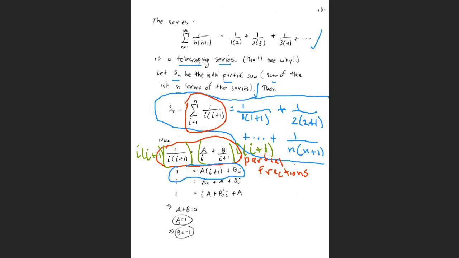And you just continue working through the partial fractions. You've done this process before. And it turns out that 1 is equal to 1 plus 0 times I. So A plus B has to equal 0, and A has to equal 1. Therefore, B is negative 1.